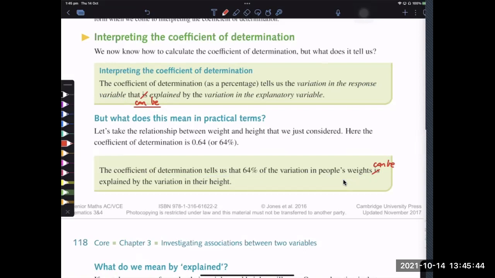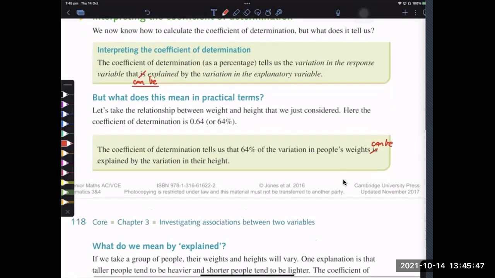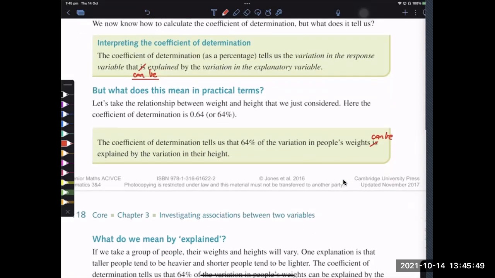So only 64% of the variation. So height definitely tells you something about weight, right? In this particular case. But what other things can dictate your weight? What other things might affect it? Genetics, yeah. What else? Nutrition, how much you eat. What other lifestyle choices?